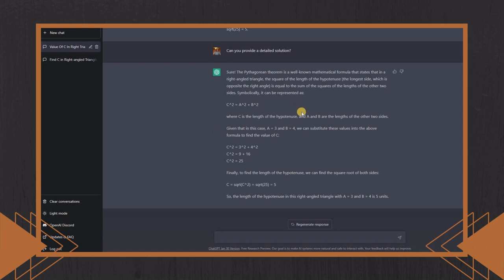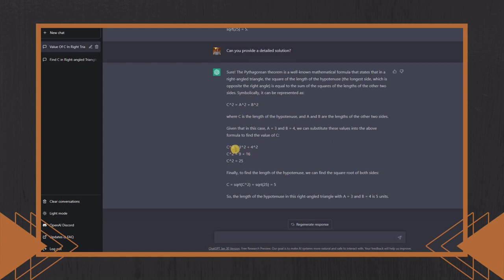This is really interesting, and it's quite simple, and really this is how a teacher in the classroom would approach it, or this is one way a teacher would approach it, so that the student can really understand what is happening. And then it says you plug this information into the formula.